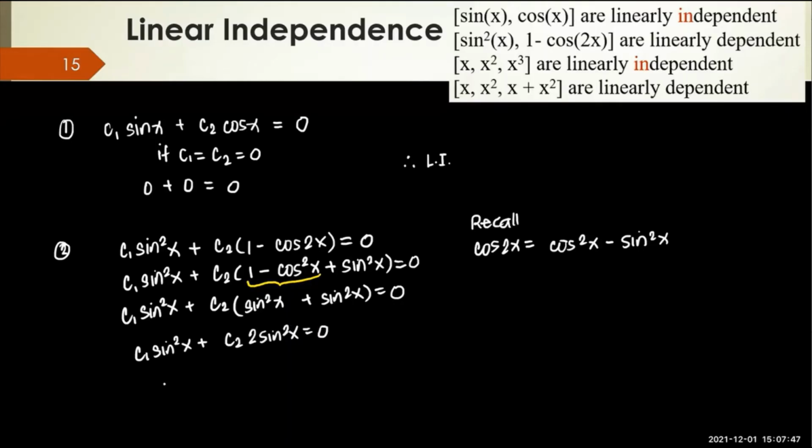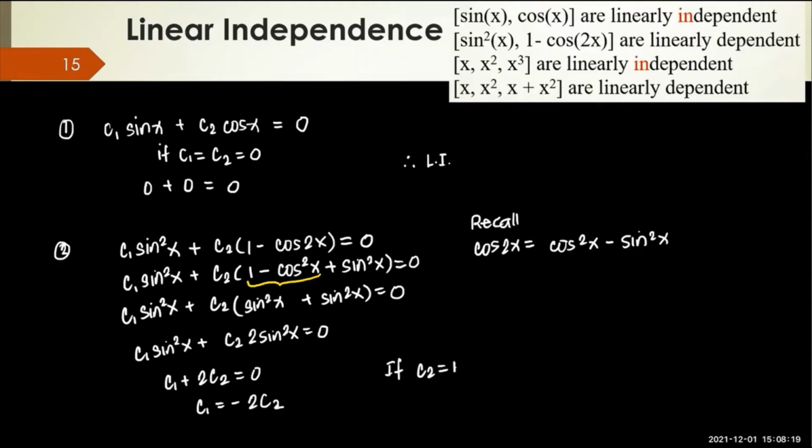Or I can say that if I were to cancel out both sine squared, C1 plus 2C2 is equal to 0. So C1 is equal to negative 2C2.